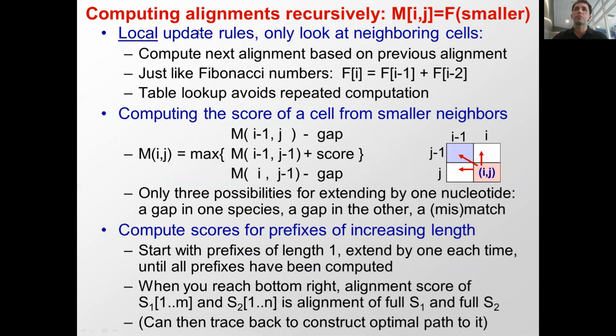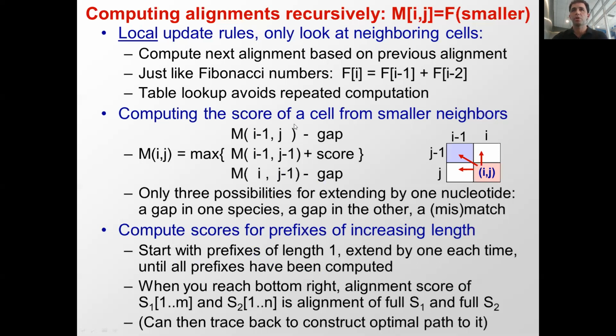So we're going to be computing these alignments recursively by only using local rules and only looking at the neighboring cells. To compute the next alignment based on the previous alignment, just like the Fibonacci numbers, we're adding two numbers that were already in the table. Notice these are not parentheses of calling a function. These are just brackets of looking up an entry. And then the table lookup avoids any repeated computation.